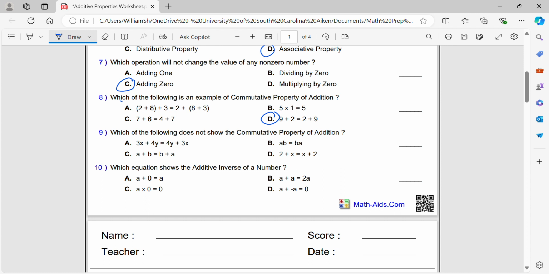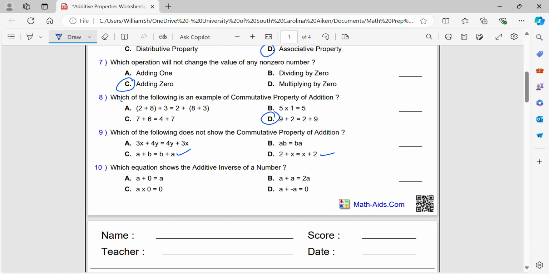C and D look almost exactly like number 8, so we know they check out with the commutative property of addition.